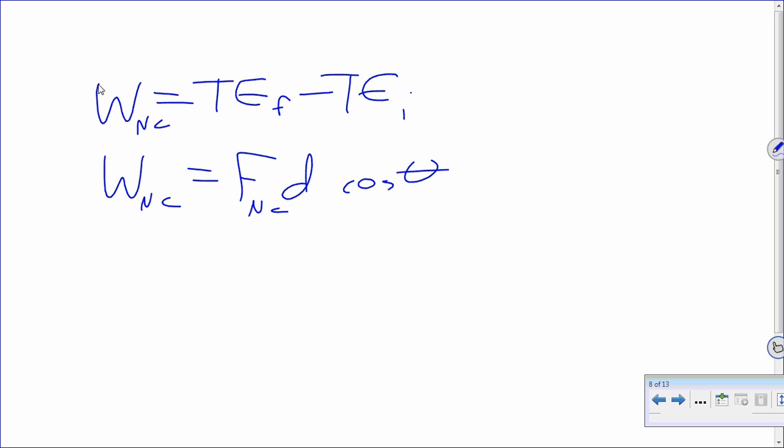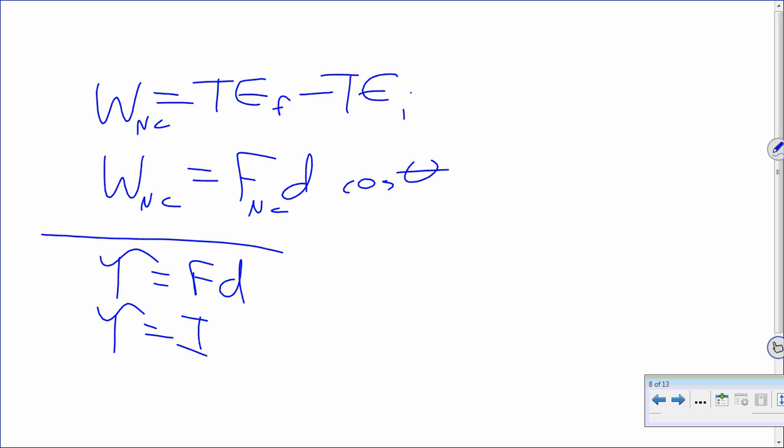This is very similar to when we did torque. We had two equations for torque, right? Fd and I alpha, right? Same idea. So in the same way that these were at the middle of all those torque problems, these are going to be at the middle of all the work problems. Good?